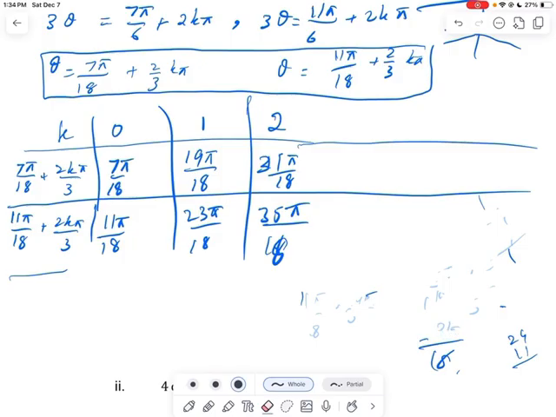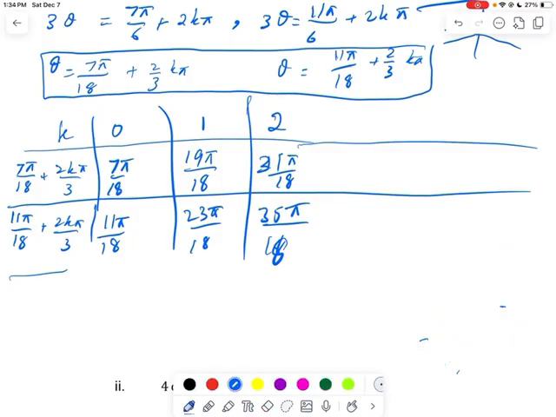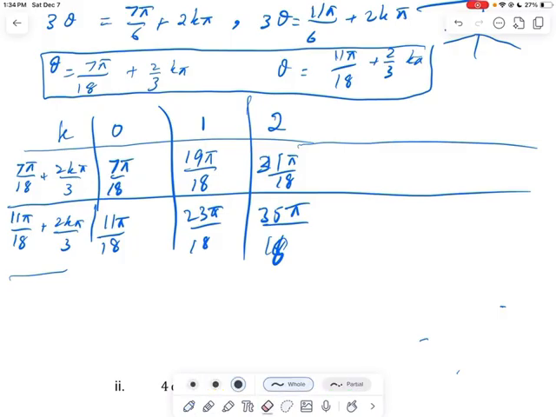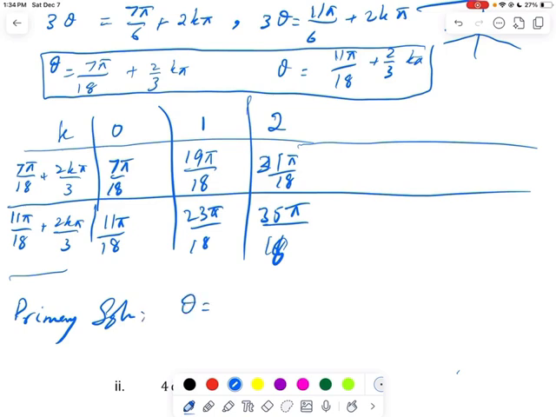Now, just out of curiosity, I thought I would find out what the values of these angles are, and let me show you. So the general solution, we already have the primary solutions. So theta equals 7 pi over 18.